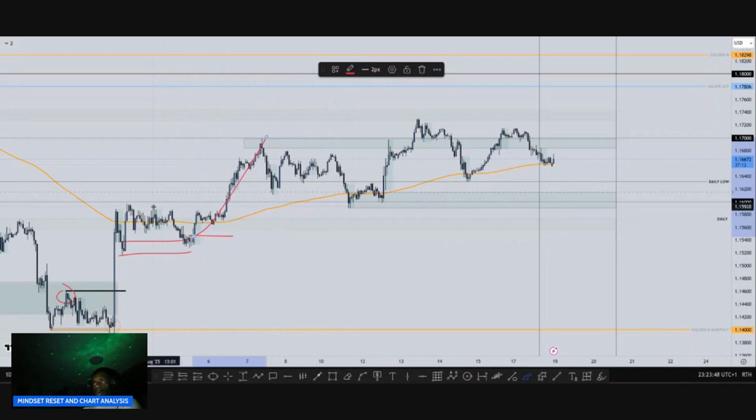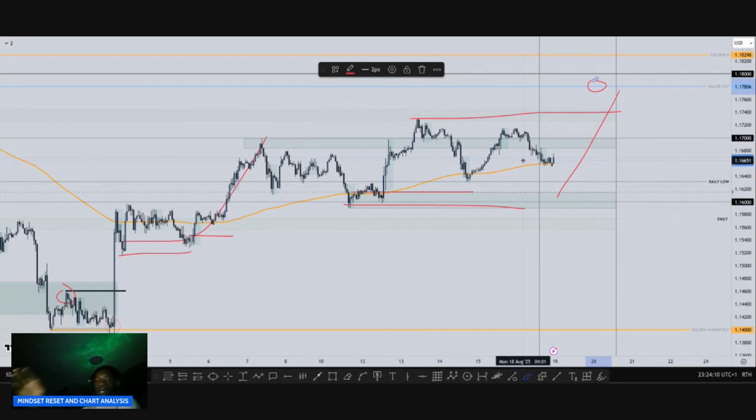When we pulled back, we could have taken advantage of this here as well, but we missed that. Now we're looking for price to come and do the exact same thing, but from this area, so we can take advantage of it and target this high, knowing that this is our long term target, and you can see there's a psychological number here as well.